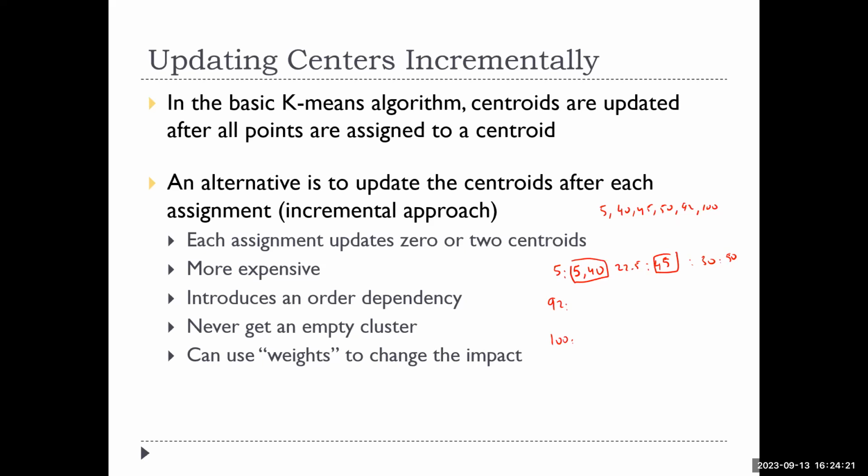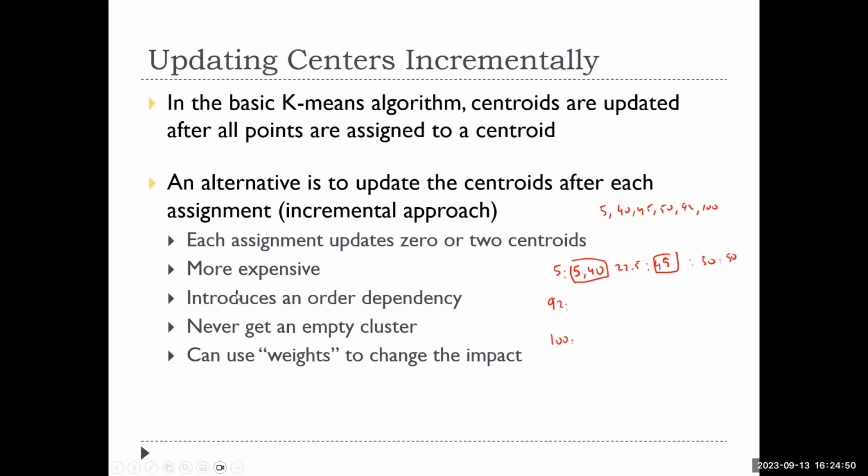Each assignment normally updates 0 or 2 centroids, because the data might move from one cluster to another. Adding it to a new cluster changes that centroid, but it also changes the centroid of the old cluster because the point is not there anymore. It's more expensive, since you recompute the cluster centroid again and again for each data point.